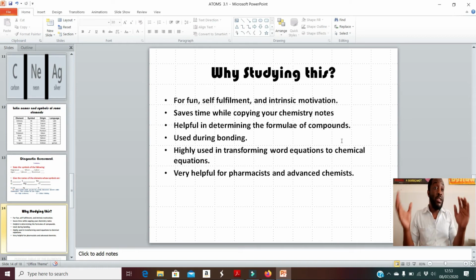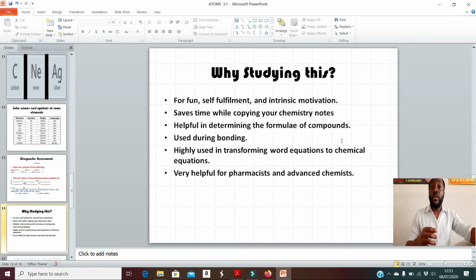When you know all these, you are likely to become a pharmacist or an advanced chemist, where this knowledge will help you in coming out with new elements as well as new drugs. So we wish you take this lesson more seriously.